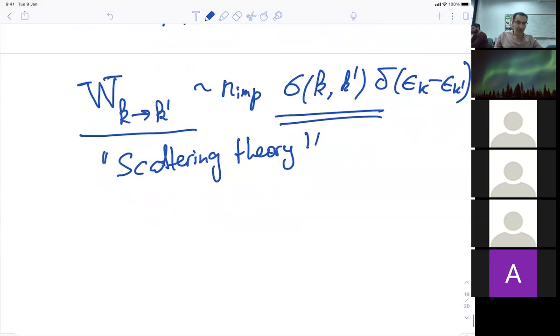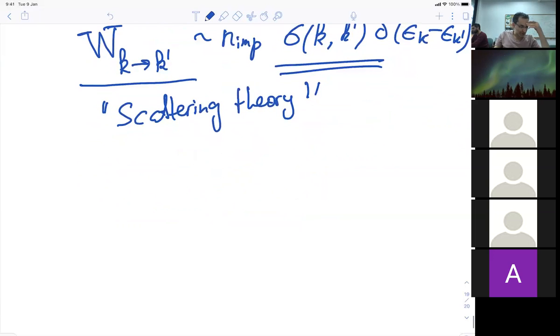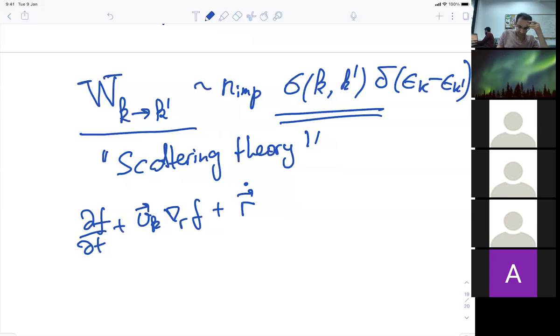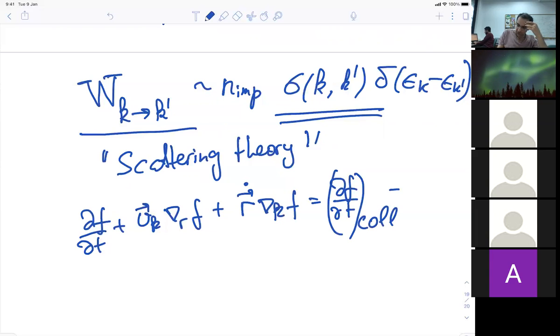Once you have it, we can formulate and derive the collision integral and have the Boltzmann equation for this case. So now we need to compute the collision integral, the right-hand side of the Boltzmann equation. So once again, df over dt plus v_k grad_r f plus r-dot grad_k f is equal to df over dt collision, also denoted by the collision integral of f.